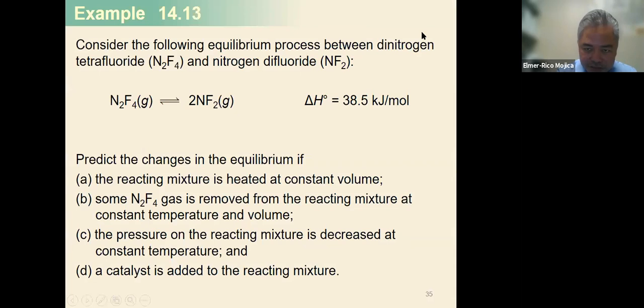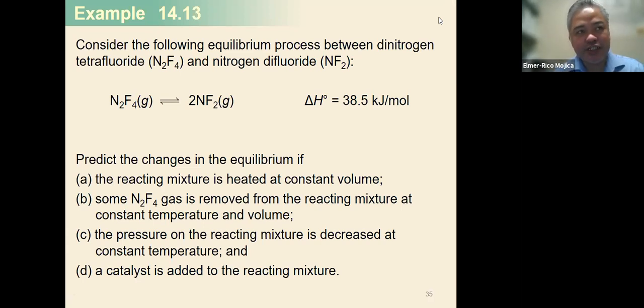For instance, in this problem here, consider the following equilibrium process between dinitrogen tetrafluoride and nitrogen difluoride. So you have here N2F4 producing 2NF2 and a delta H that equals 38.5 kilojoules per mole.